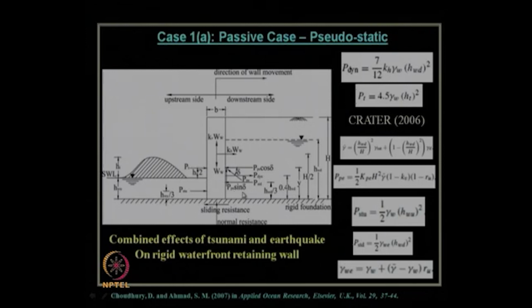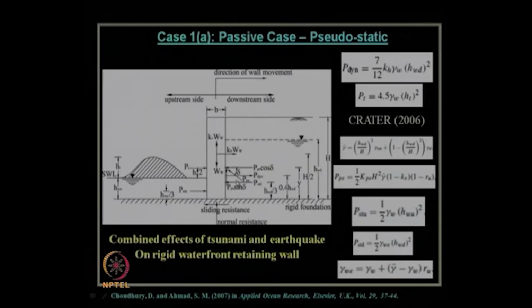Right? Now, see here are two components. P_std, from the height of the water, provides the water pressure. So, it is a static water pressure P_st on the downstream side. Clear? Which will act at 1/3 of this height h_wd, right?